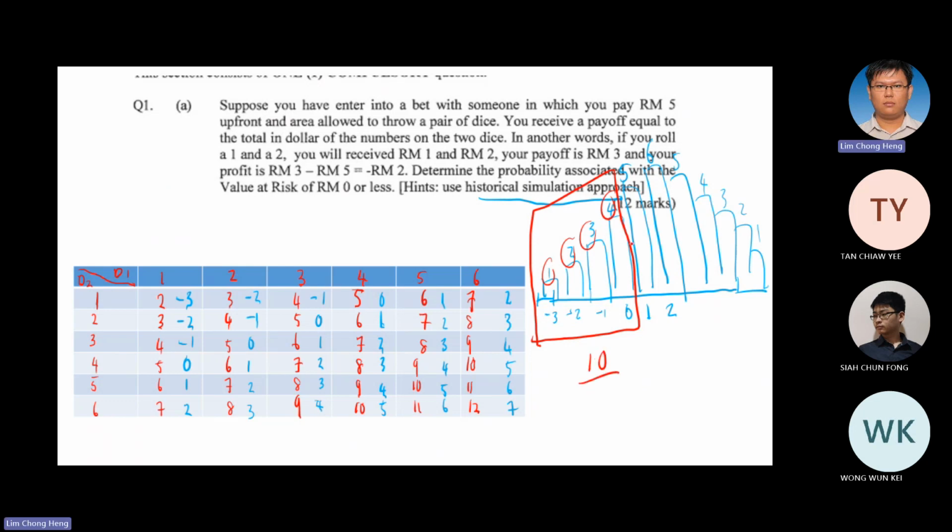Out of 36. Then VAR 0 is how many percent? 0.2728%. Okay, you got 28%, you will get lost.